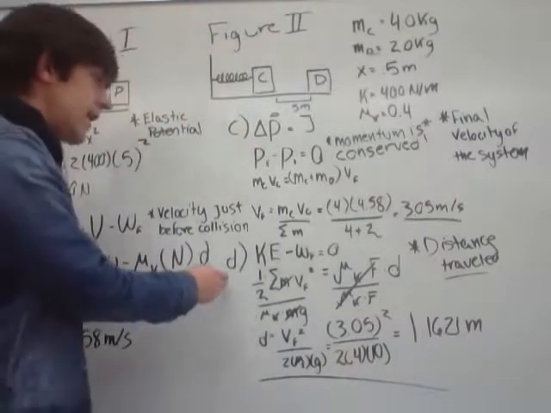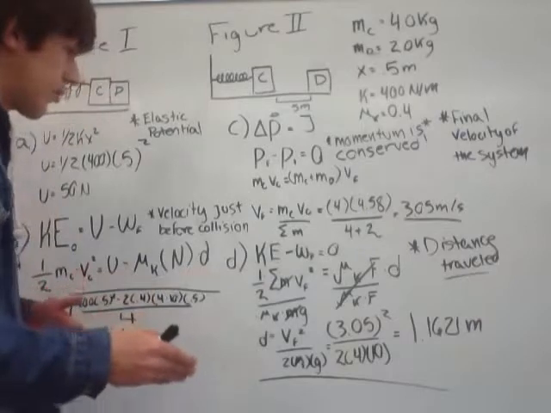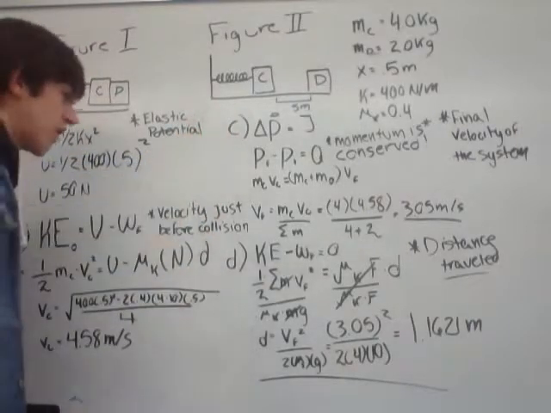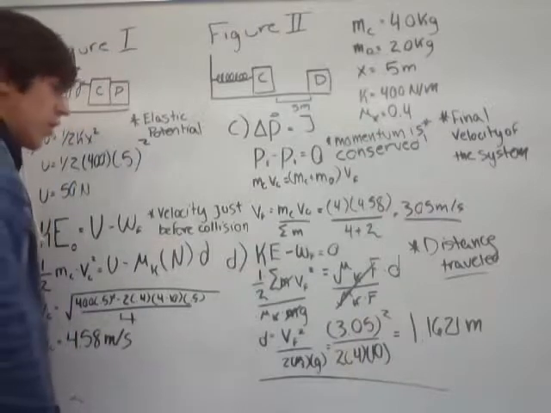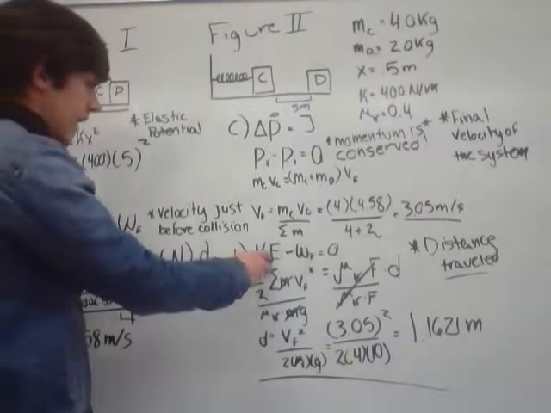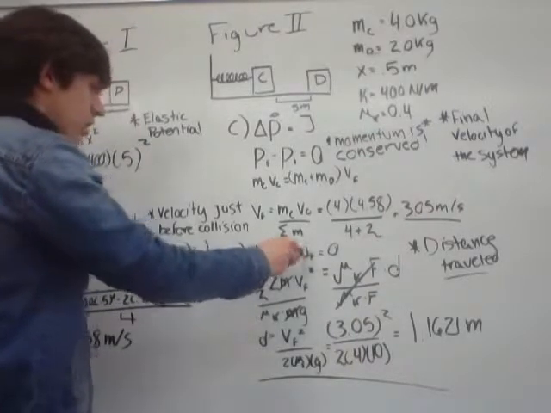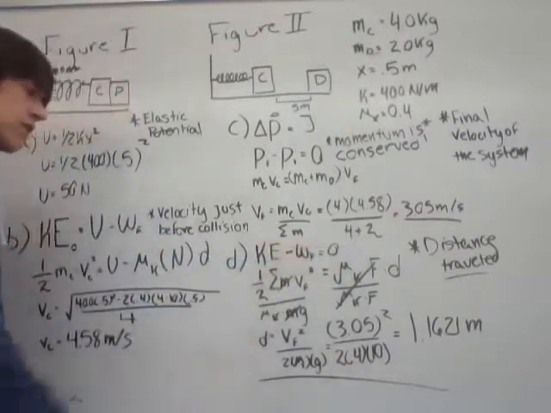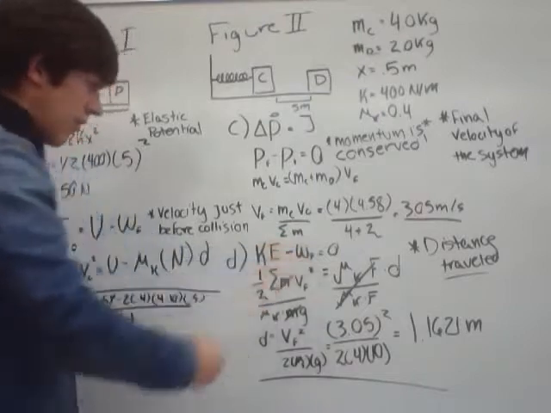And then for D, it's asking us for the total distance traveled by the block system, the two-block system rather. So for that, we know that eventually it's going to be the kinetic energy minus the work caused by friction, and that's going to eventually equal 0. So we can set that to 0 and then set these equal to each other.